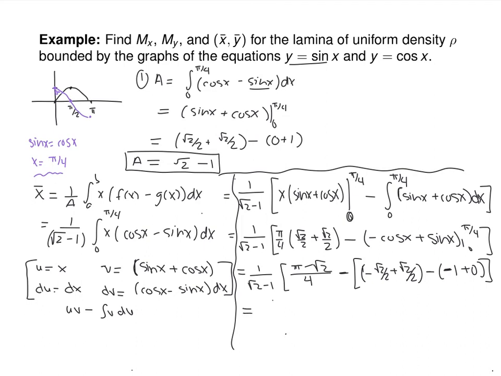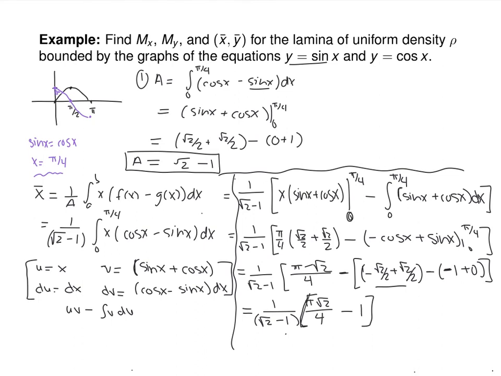Okay, so here we have 1 over root 2 minus 1 times pi root 2 over 4. These canceled. And we have 3 negatives, making that a minus 1.